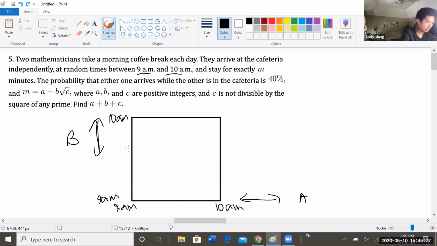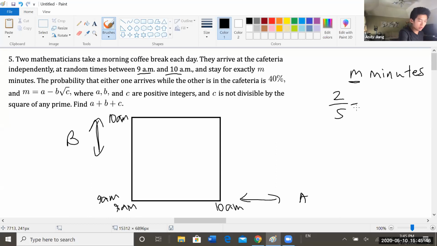Now, what else do we know? We know that they stay for m minutes. And again, we're given the probability is 2/5 or 40%. So we're looking for what m is.